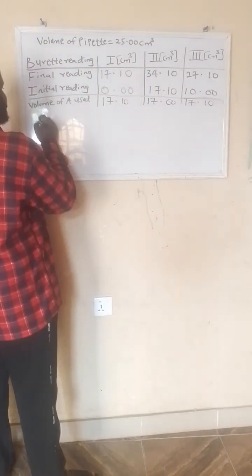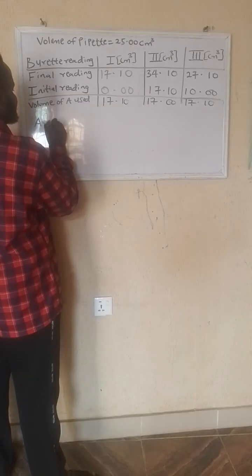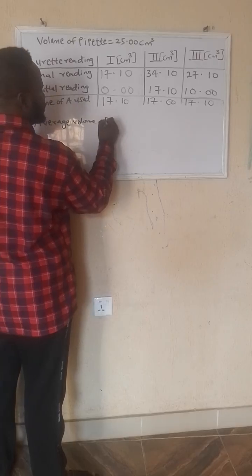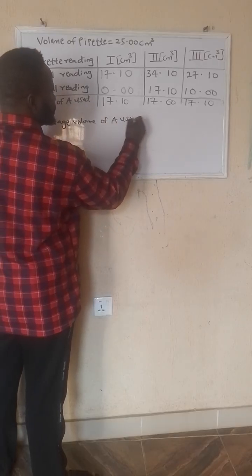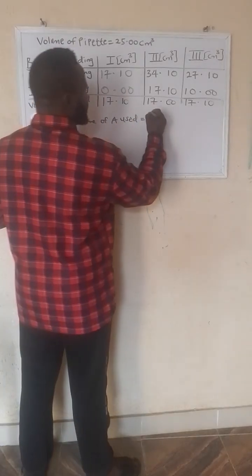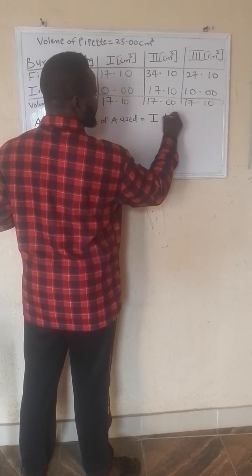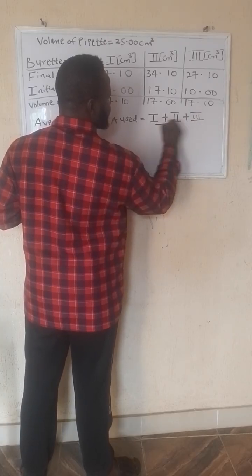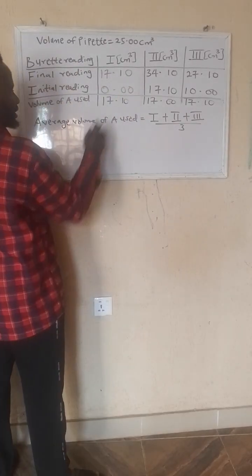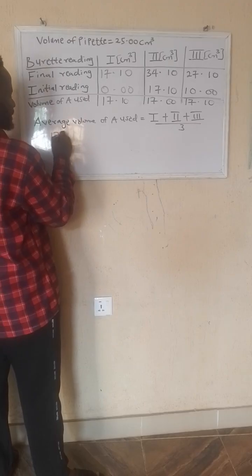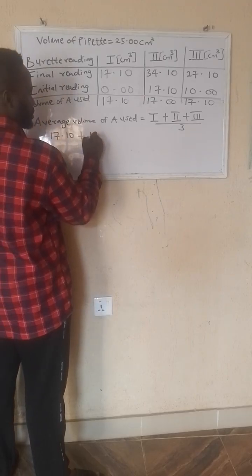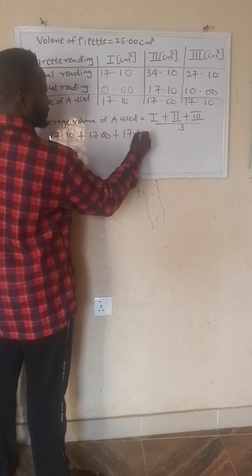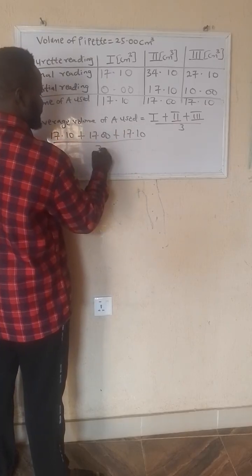So from here, I'm going to proceed to the average volume of A used. Okay, so I want to use the first titre plus the second titre plus the third titre divide by 3. And my first titre, I have 17.10 plus the second one 17.00, the third one also 17.10, all divide by 3.